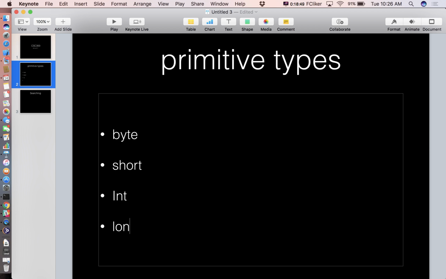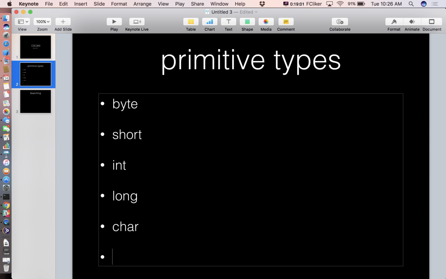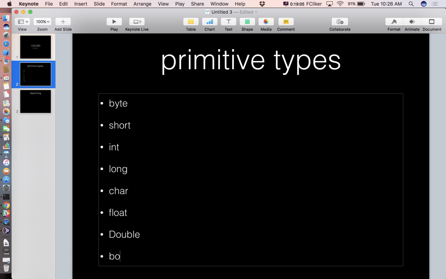I sort of hate this keyboard, but I just pressed the escape button. Then char, float, double, Boolean.